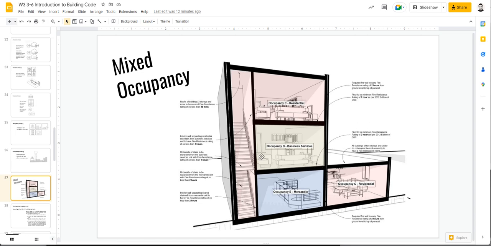There are some additional constraints that you have to meet for how to build that structure with mixed occupancy. And you can see that in Oak Park in Sacramento, there would be businesses downstairs, and then there would be residences or apartments upstairs. So the structure has to be built a certain way.